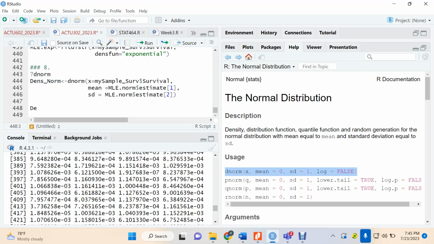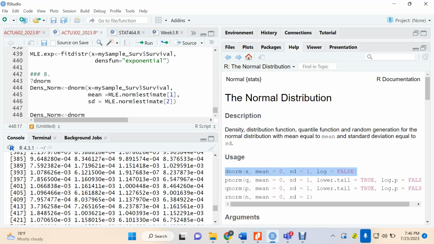So similarly, I can do so for the density for exponential. So I do dense exponential, but that I have to use the exponential distribution. So that will be what? Remember the density of the exponential distribution.